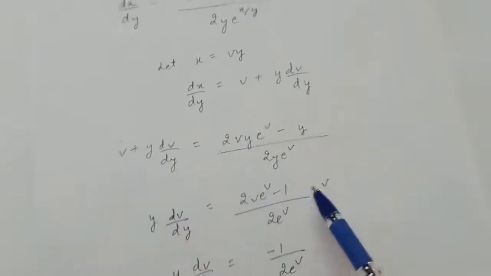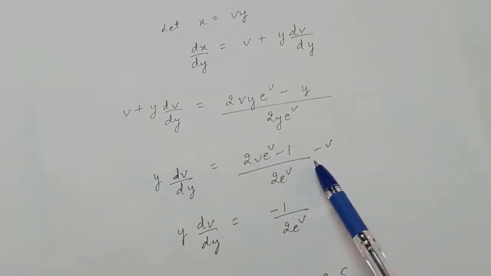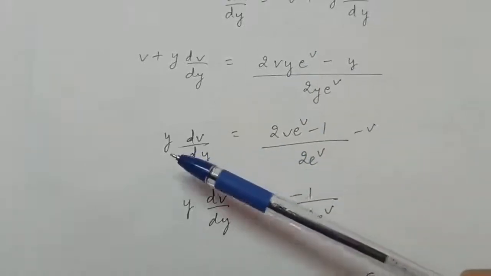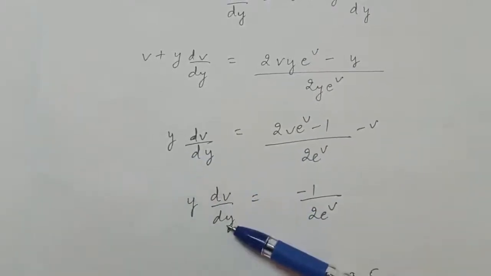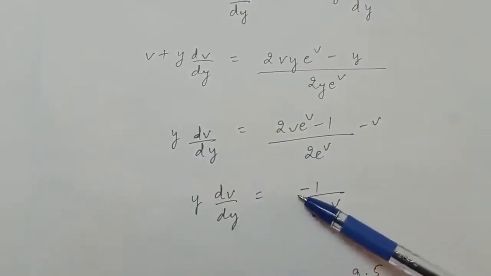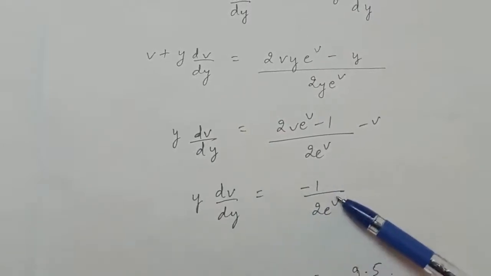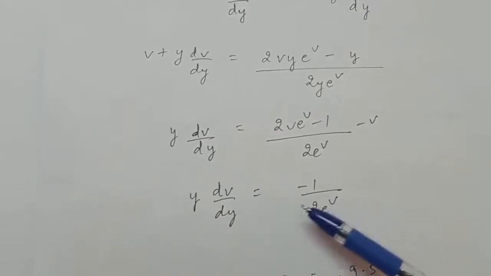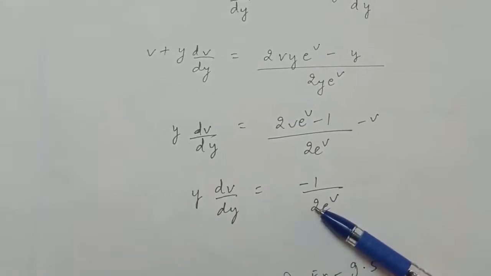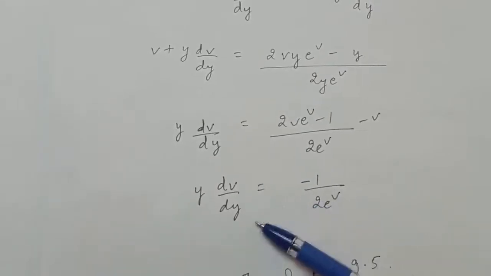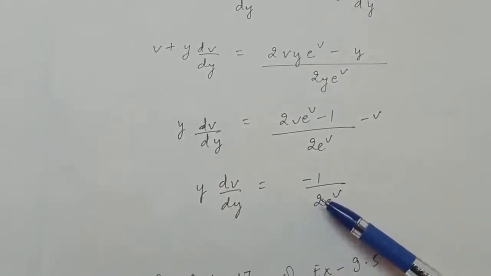Take this v this side and take the LCM. So it will be now y dv upon dy equal to minus 1 upon 2 e raised to the power v. Now apply the method of variable separable. Separate the variables and then integrate to get the value, right?